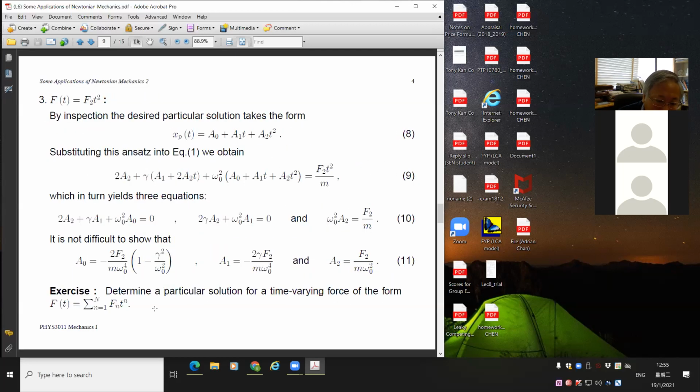Here is an exercise. What will you do if you have a time varying force of this particular form, a polynomial in t, a polynomial of power n?